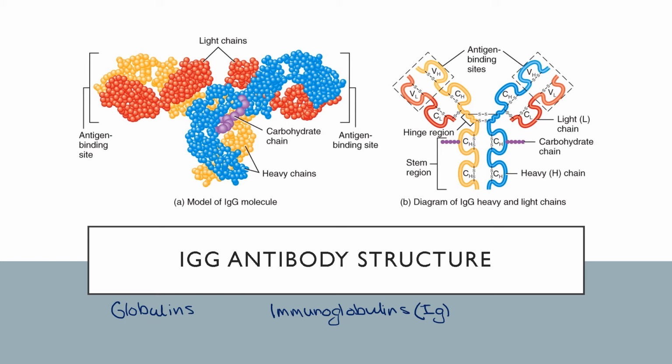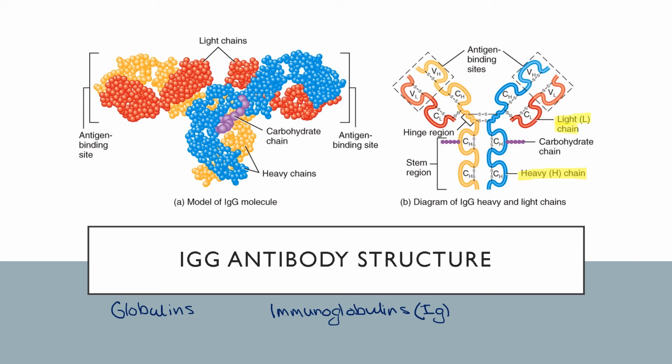Now, most antibodies contain 4 peptide chains. 2 of these chains are identical to each other. These are called heavy chains. So we have a blue heavy chain and a yellow heavy chain on this particular antibody. And the other 2 polypeptide chains, which are also identical to each other, are called light chains.